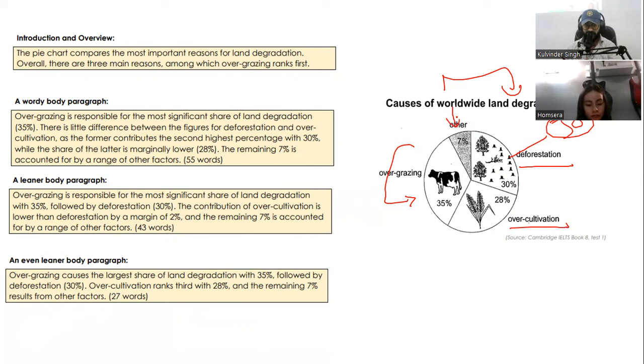Getting my point here? Now, this is the introduction: the pie chart compares the most important reasons for land degradation. Then the overview: overall, there are 3 main reasons, among which overgrazing ranks first. Pretty obvious. So that's how you give an overview.